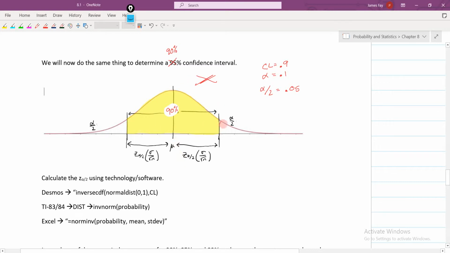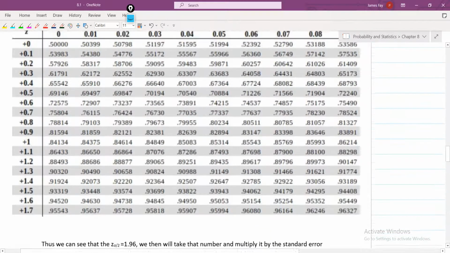This area over here is 0.05, and this alpha over 2 area over here is 0.05 as well. So the number we're going to look for to find these z-scores is 0.05 in this part of the table.